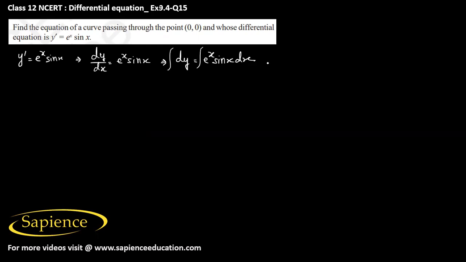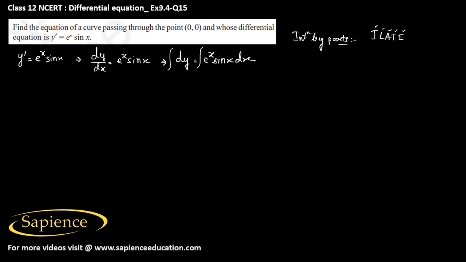So now here we have to do the integration by parts. Here we have to use the ILATE rule. ILATE means which one I should use as the first function. Here it is inverse trigonometric, then logarithmic, algebraic, trigonometric, and exponential.